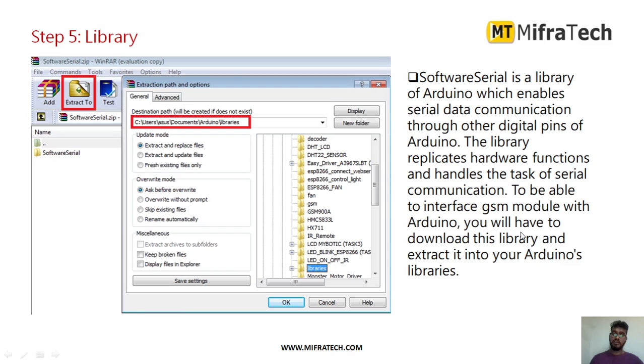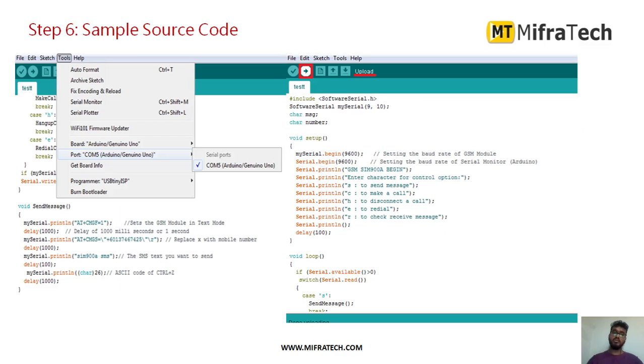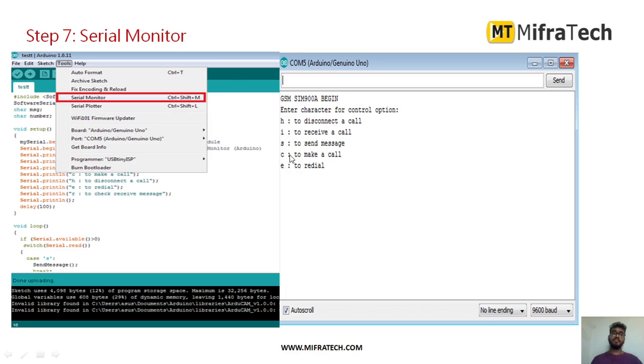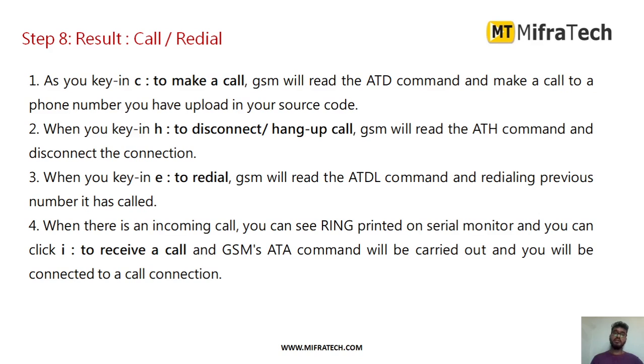After downloading that, we have to include it in the main program, as I included here, #include SoftwareSerial.h. There is sample source code also available, as you can see. In this way you can interface this GSM module with any Arduino or any microcontroller. You can send or receive a message, or you can make a voice call to a person through this GSM module.